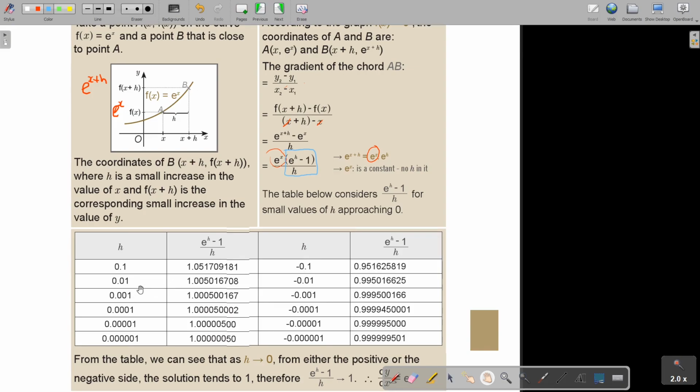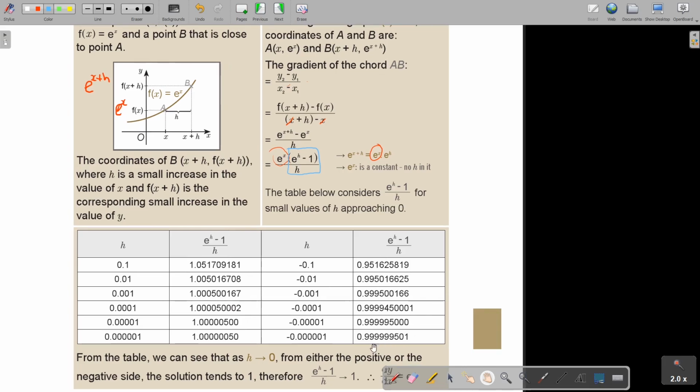So if I substitute it in here in the place of h, remember e is 2.7, it's a constant. If I substitute, I'm getting these values. Do you see? But look at the values. It's 1.05, 1.005, 1.0005. It's striving to 1. The same from the negative side, it's striving to 1.